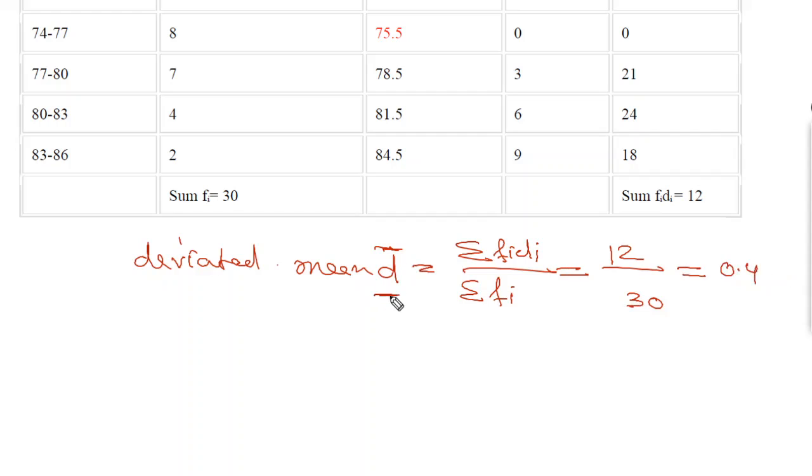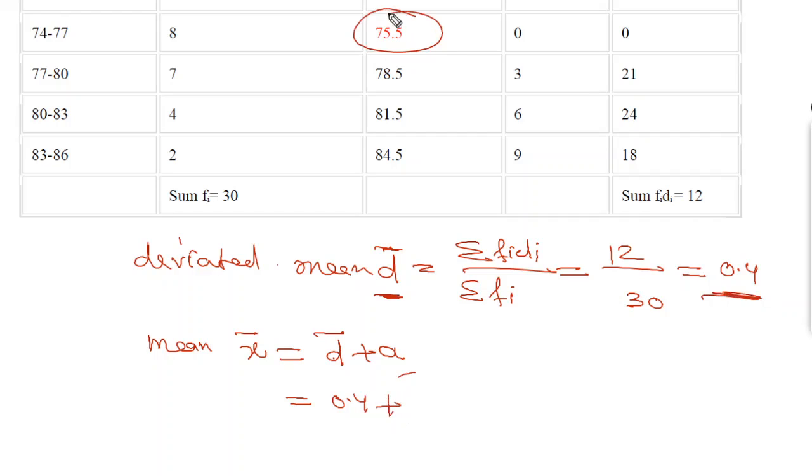So this is your deviated mean. Now you will find the mean. So mean is x bar, you can write, which is equal to a plus d bar. 0.4 we have found, plus a, if you remember, a was 75.5, which will be equal to 75.9. Okay, so this is your mean.